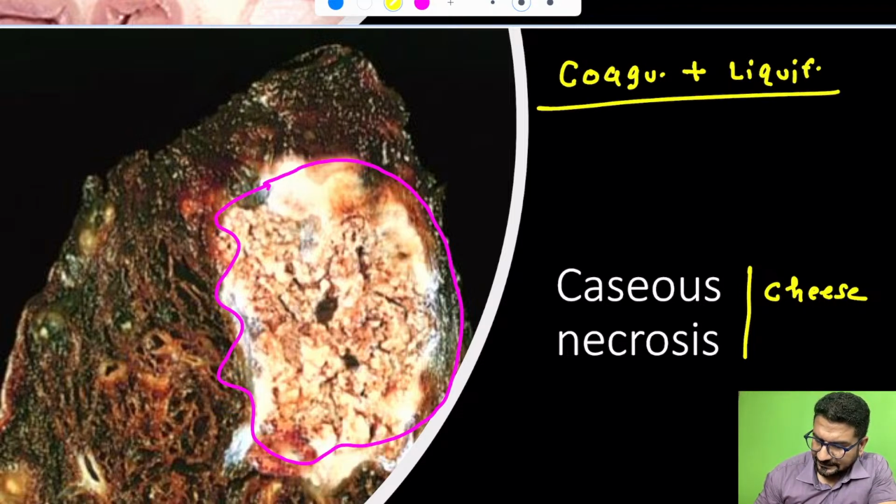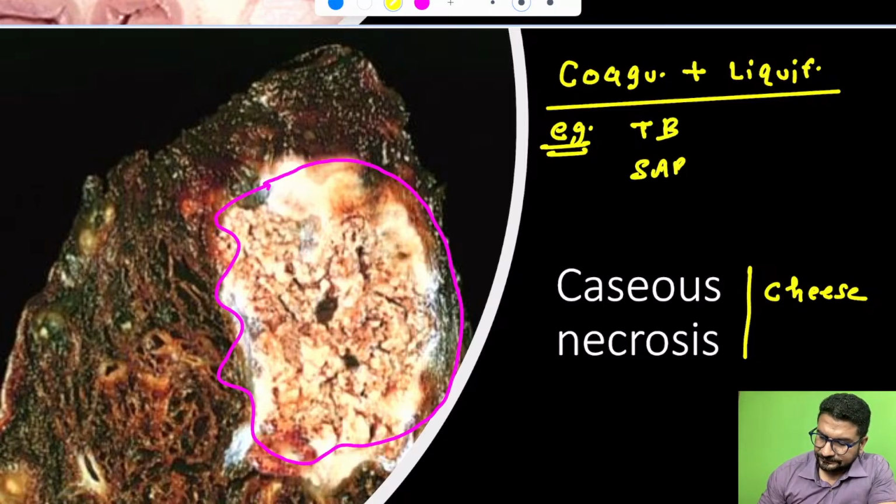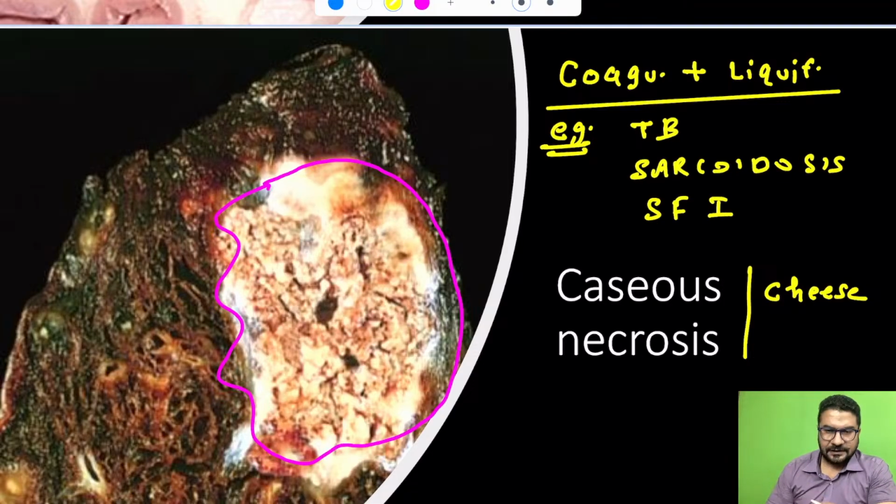It is something that occurs due to a combination of coagulative and liquefactive necrosis. And the classical example you will see this in tuberculosis, in sarcoidosis, and systemic fungal infection, right?